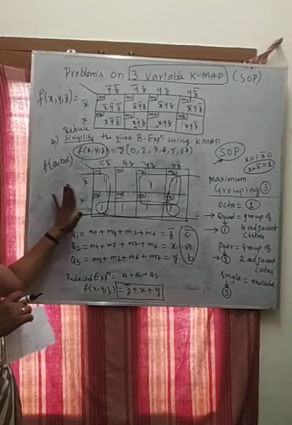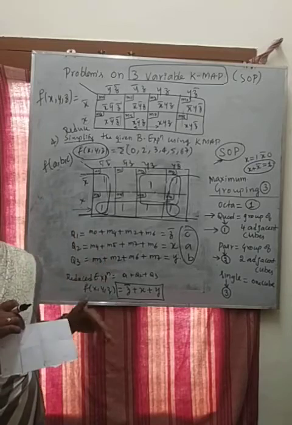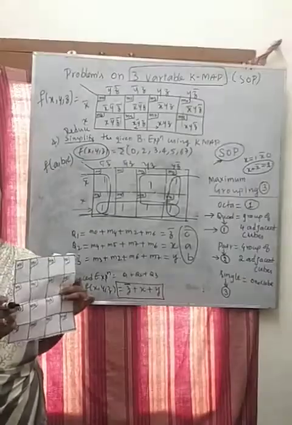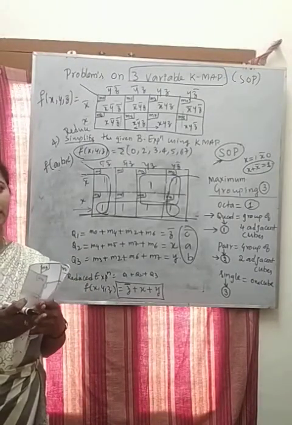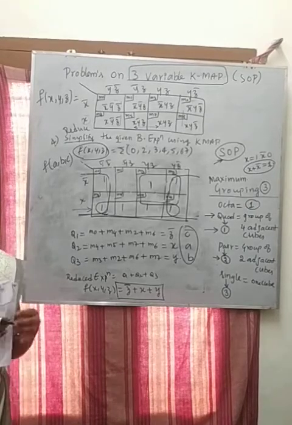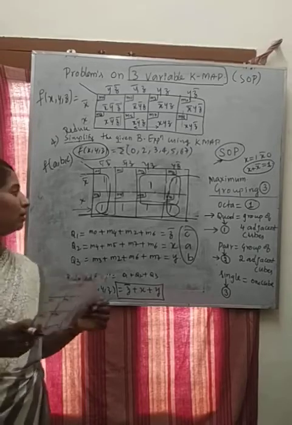The 4 variable KMAP is important for 5 marks. From Tuesday till Saturday it is very important to watch the video. If you miss the class, definitely you are going to lose your 5 marks. Please be ready with your 5 marks by Saturday.